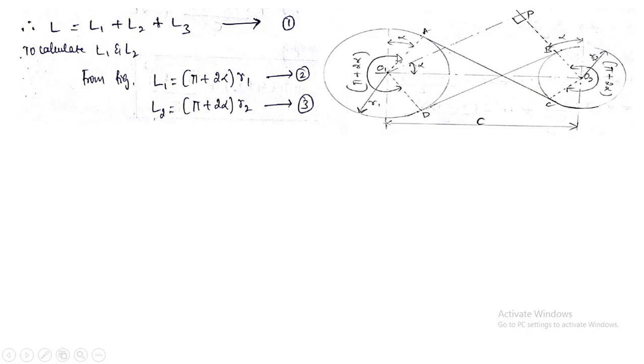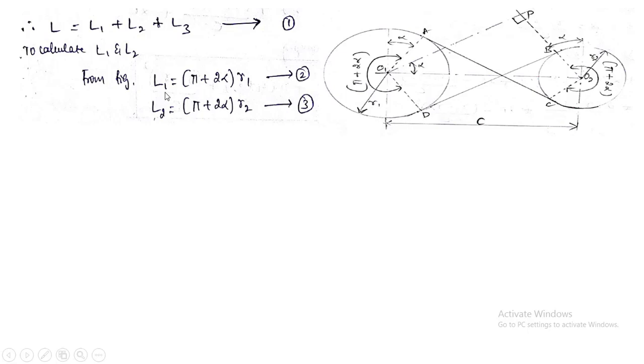We have this angle of contact, pi plus 2 alpha, and it has to be multiplied by this radius r1. So pi plus 2 alpha into r1 will give you the length of the belt in contact with this larger pulley. We will call it equation number 2.